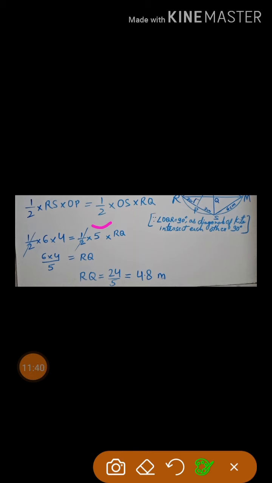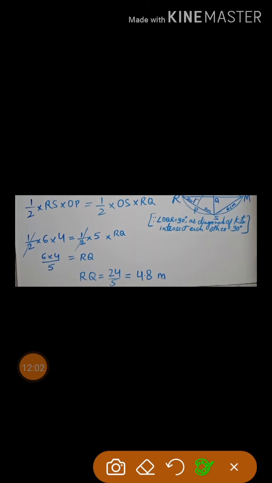Now 1 by 2 will be cancelled from both sides, and 6 by 4 is left, and this 5 will come down to the left hand side, and RQ will be equal to 6 into 4, which is 24. 24 by 5 means 4.8 meter.